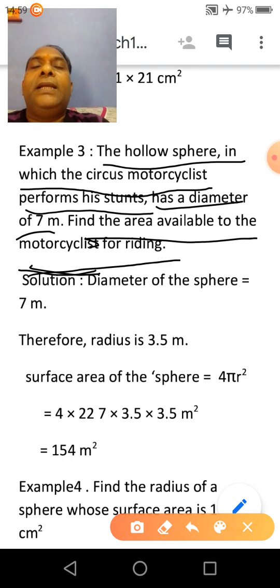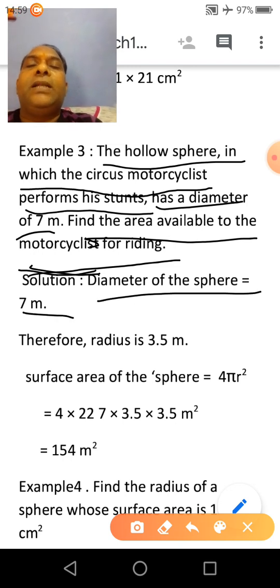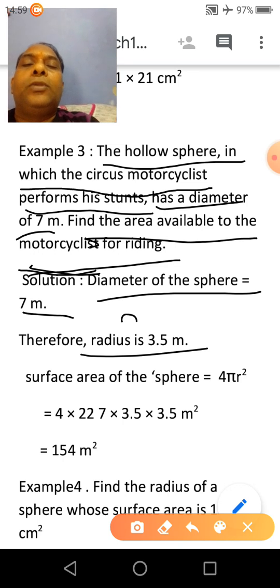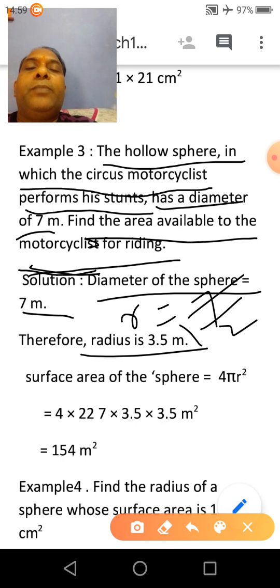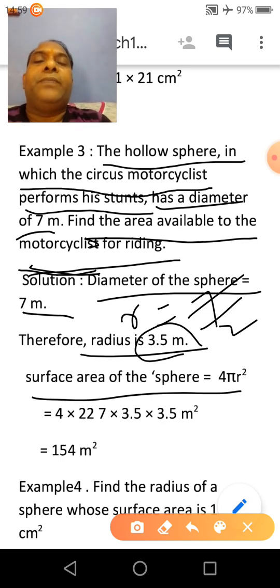So hollow sphere, diameter of hollow sphere is given 7 meter. So find its radius. Radius will be 7 by 2. So r will be equal to 7 by 2 will be equal to 3.5 meter. Now surface area of sphere will be 4 pi r square, as we know that.